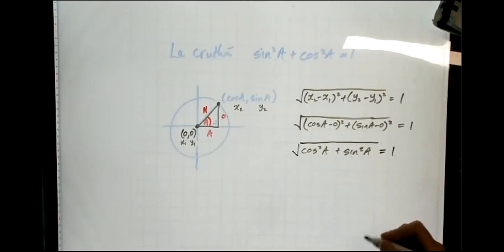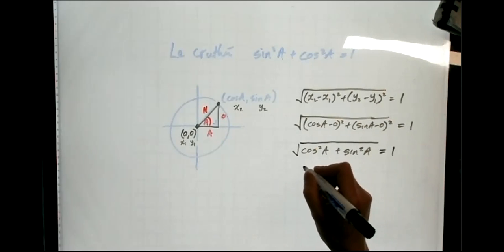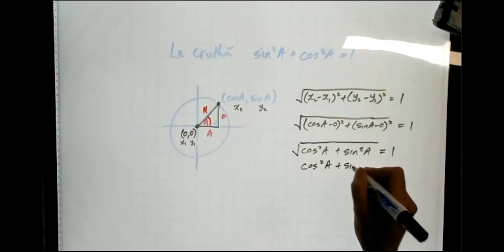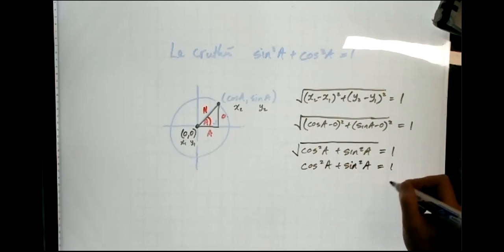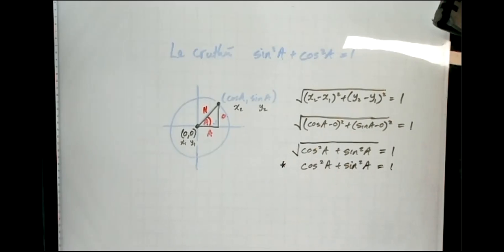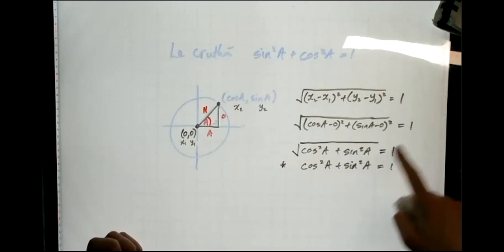So we must get it to equal cos squared A plus sine squared A equals one. And the sine formula. So sine chain rule, chapter sine. So between the angles, and the party.